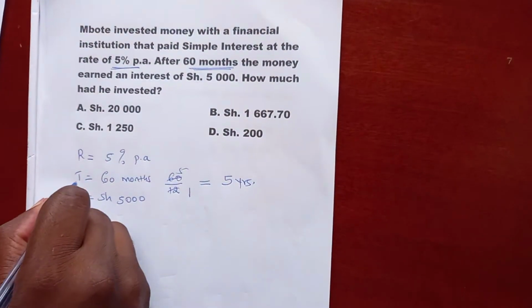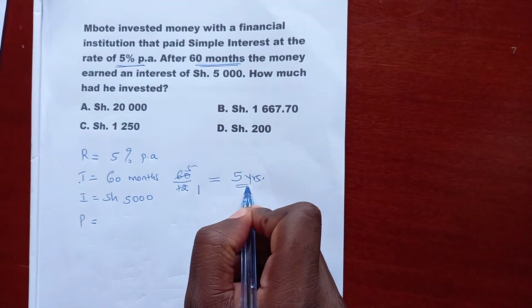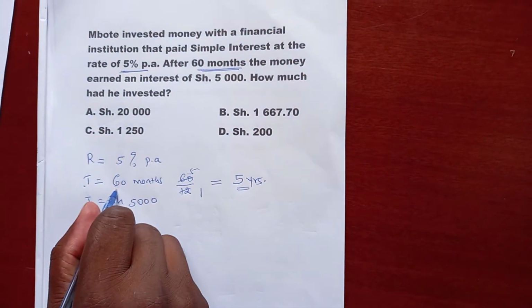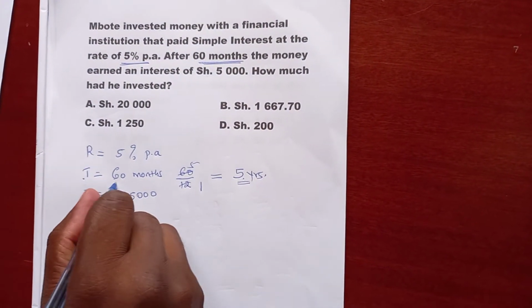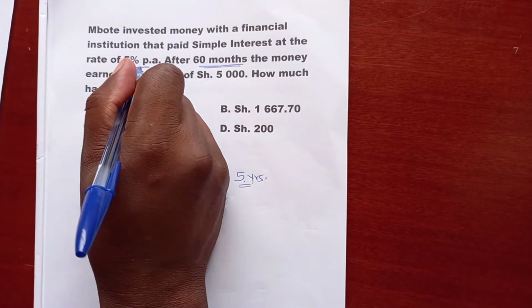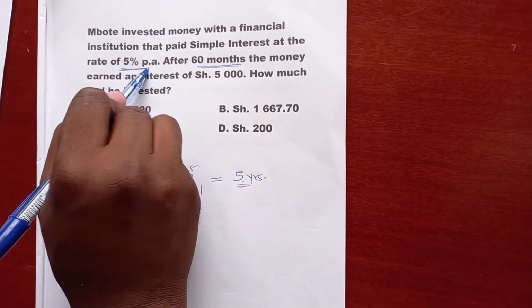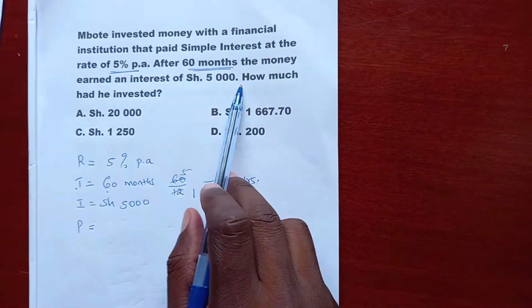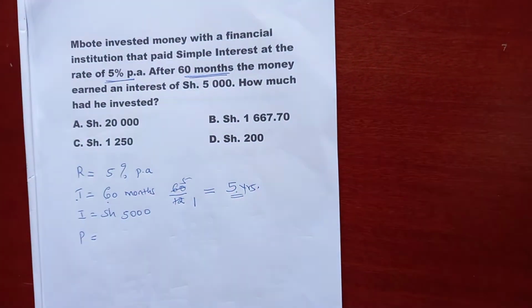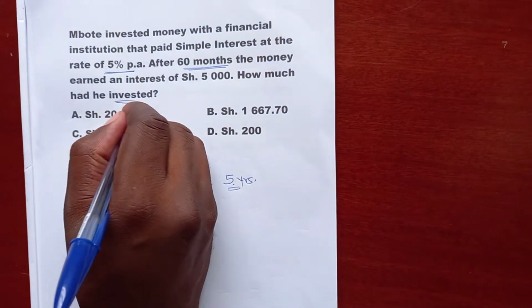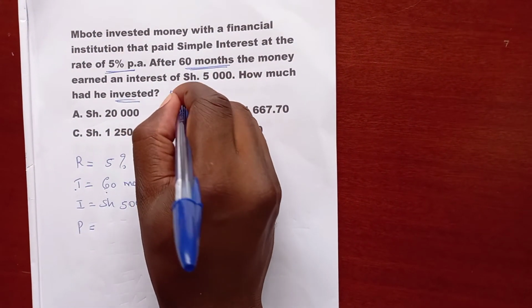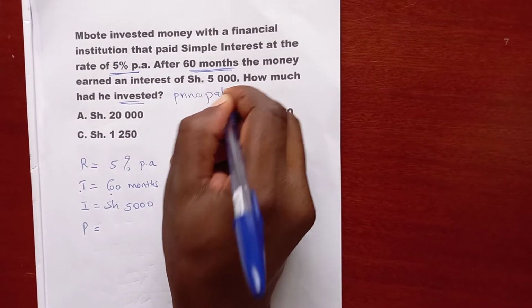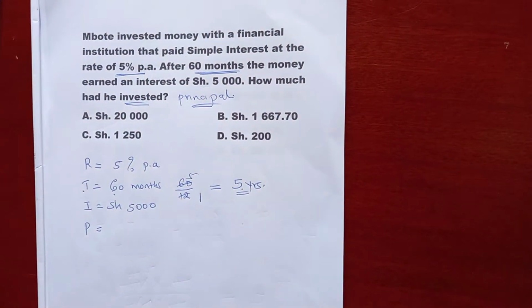So our time, we are going to use 5 years, but not 60 months. Although 5 years is equivalent to 60 months, our rate is given per annum. So learners, we are asked, how much had he invested? The word invested represents the word principal, the amount of money deposited.